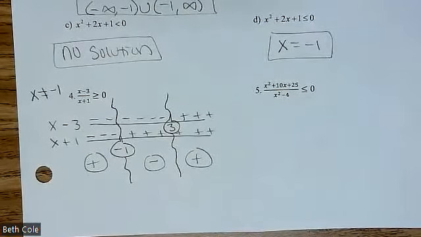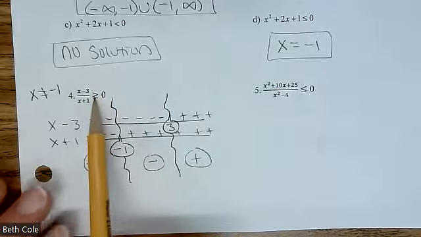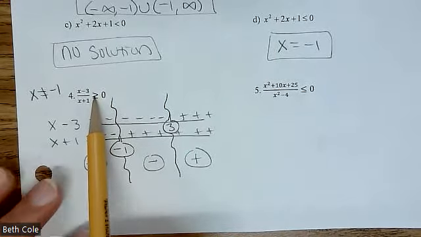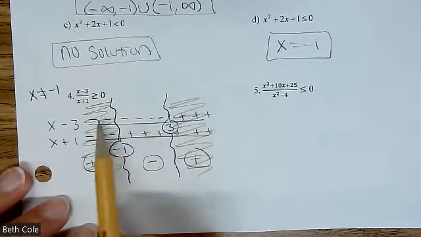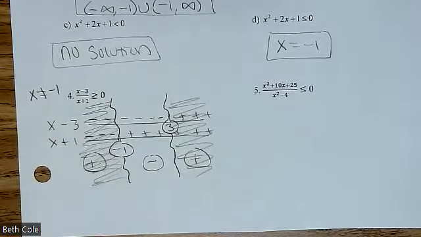I once got asked why positives didn't cancel and make a negative. I really wasn't sure how to answer that, but a positive number times a positive number is going to be a positive number. All right, now which sections do we want? Go back to this symbol, greater than or equal to 0. We want the positives above sea level. And then you just write your answer.